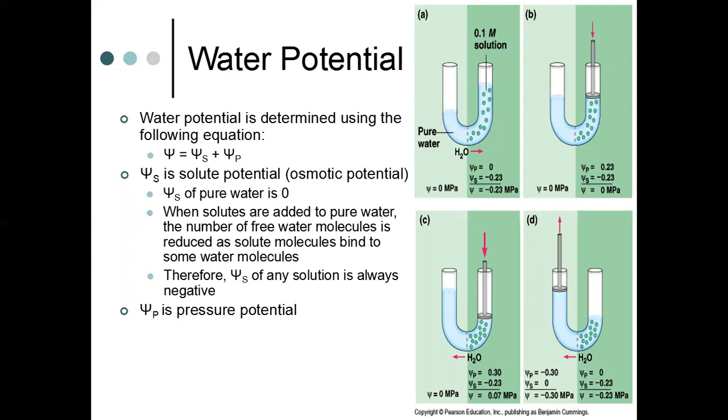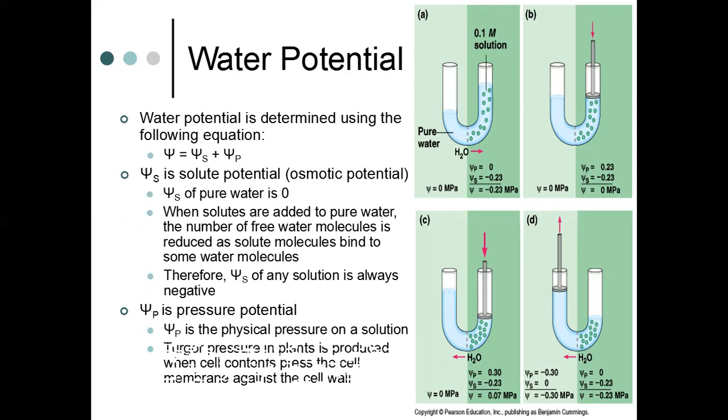Psi p is the pressure potential. We discussed two factors: solute potential and pressure potential. Turgor pressure in a plant is produced when the cell contents press the cell membrane against the cell wall.